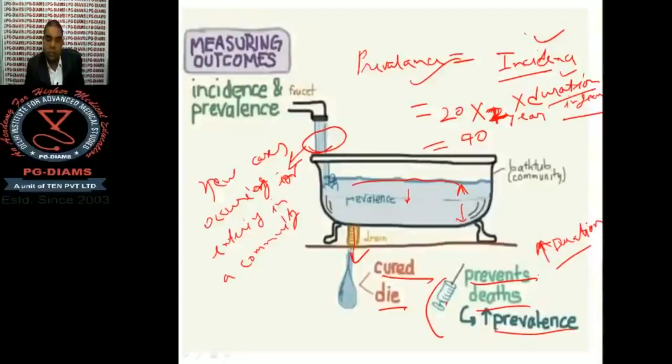But take the example of tuberculosis, which remains for at least 6 months if properly treated, or 1 year. Even if the incidence is not very big, the duration is very big. Hence the prevalence of TB, diabetes and hypertension is very large, because in all these cases the duration is very big. Okay, clear?